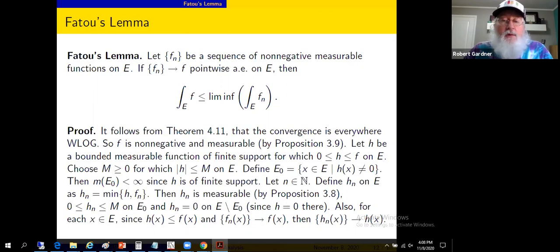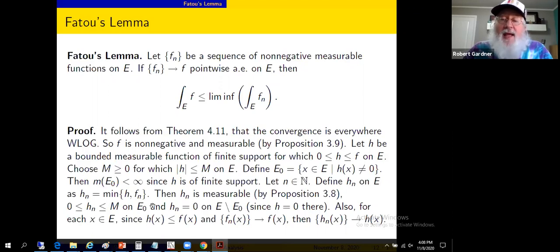Well, we know h itself is less than or equal to f. The f sub n's get close to f. Pointwise, I can say eventually the f sub n's are between h and f, if there's even any space there. But eventually, for each x, pointwise, I can get the f sub n's to be between h and f.